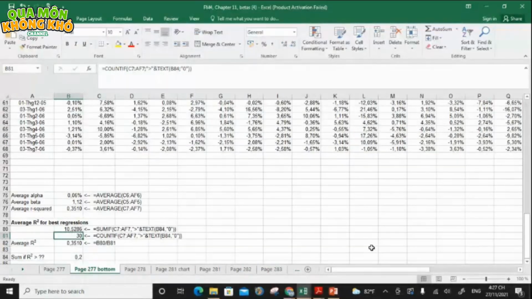You just click on the COUNTIF, okay, and let's see here. Why do you use the n with text?